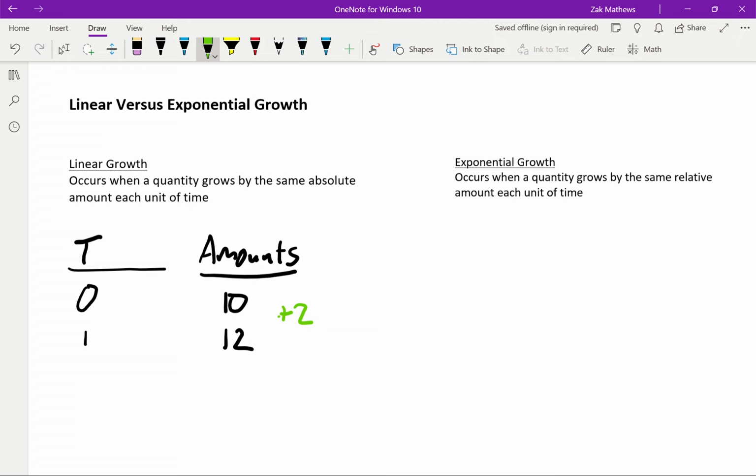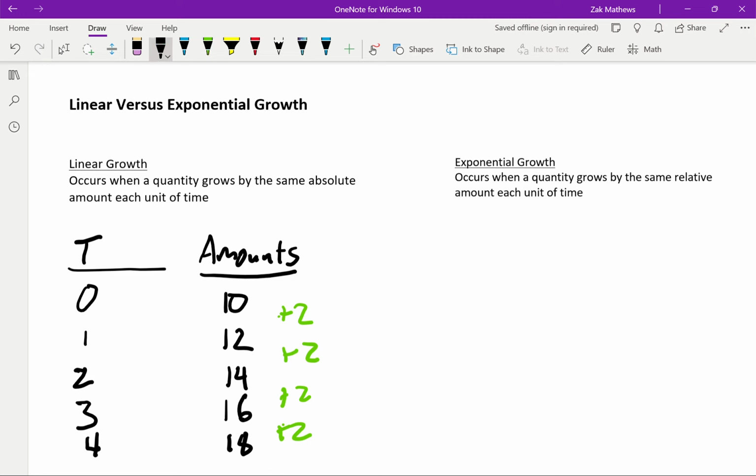Every unit of time from here, we have to continue to see that increase of 2. So at time 2, we get an amount of 14 because we've gone up by 2. At time 3, we've gone up to 16, and we could do this all day long, but what we see is that the amount is going up by 2 every single step, every single time interval.